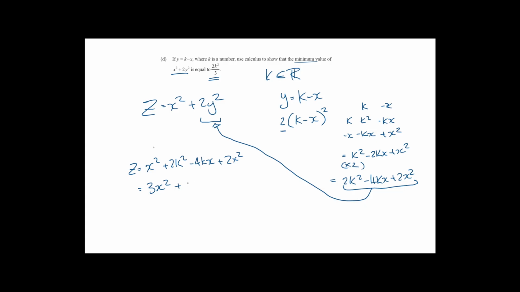plus 2k squared, which is going to be constant. So when we differentiate that, that's going to disappear, and minus 4kx. Okay, so we want to find the turning point, maxima and minima. So we're going to find change of z over change of x, calling k a constant, so in other words, the change in k is 0.